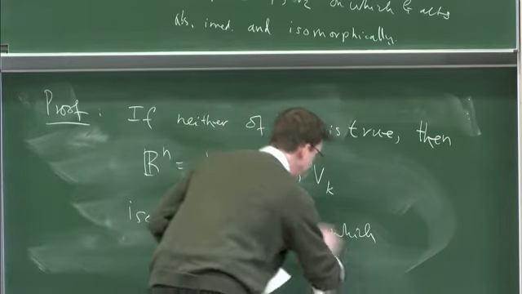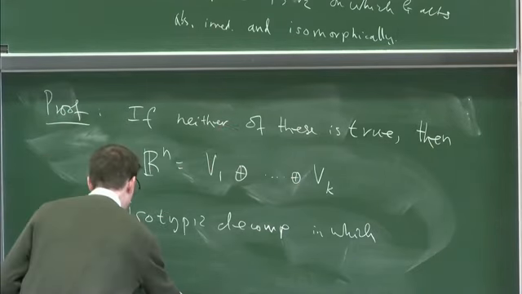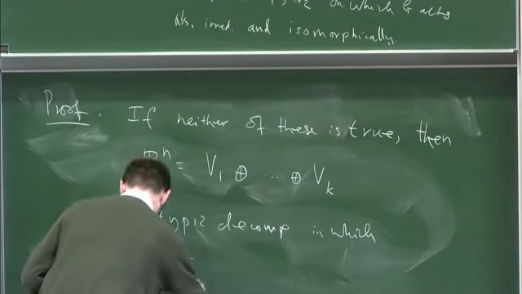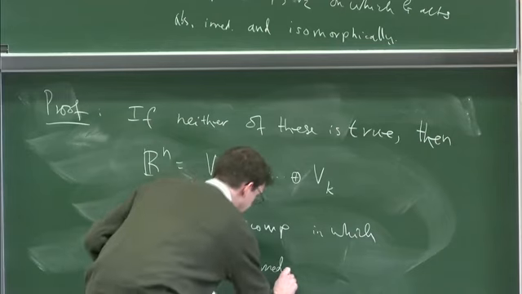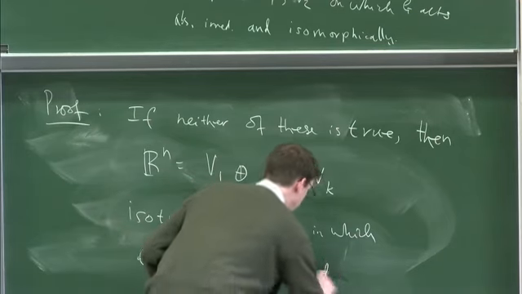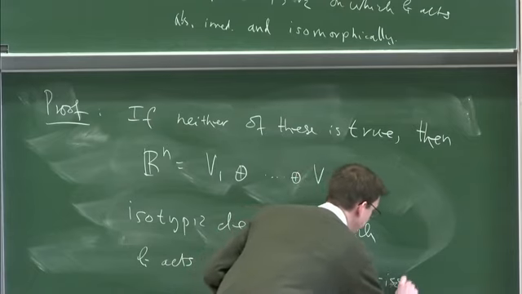In other words, it's a direct sum decomposition of R^n in which G acts absolutely irreducibly and distinctly non-isomorphically.